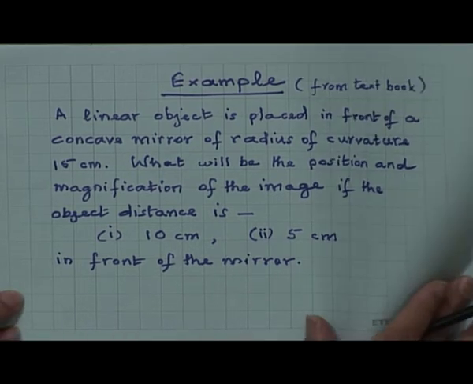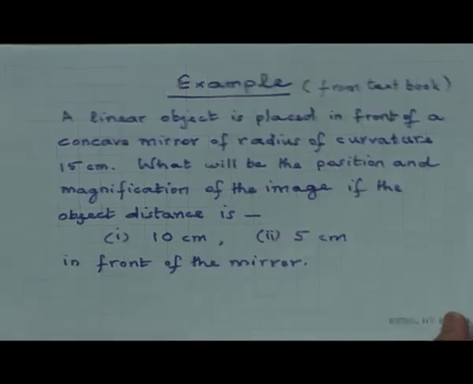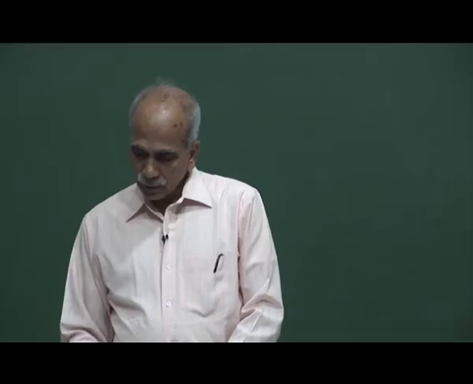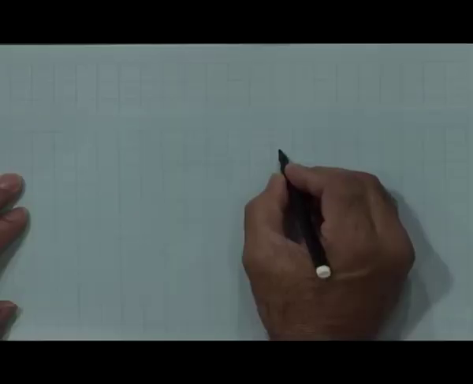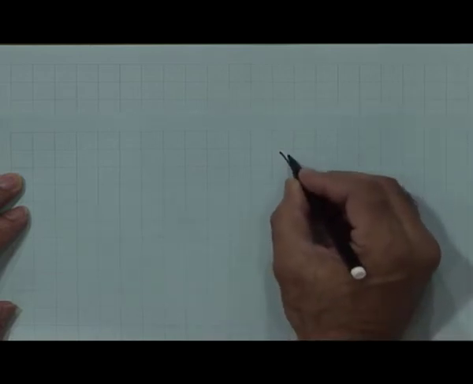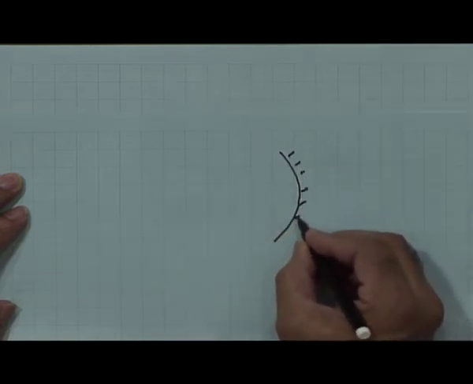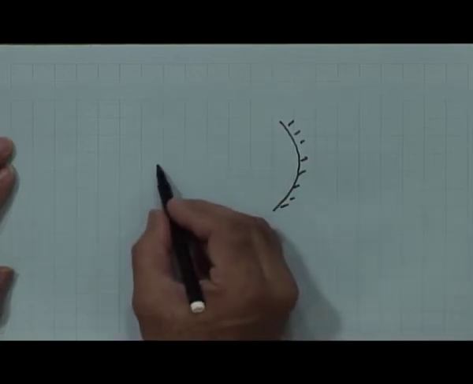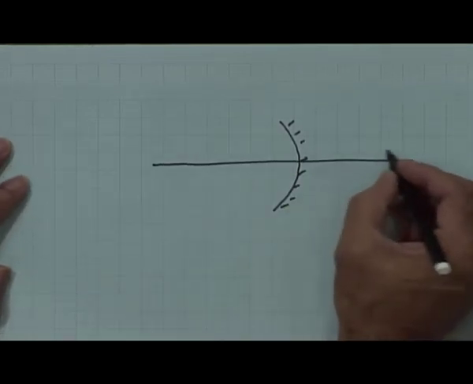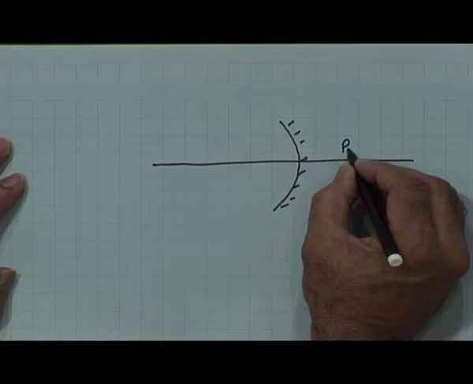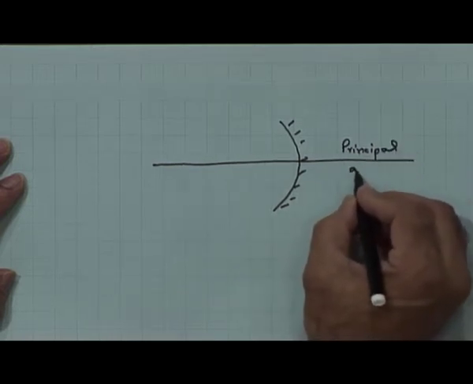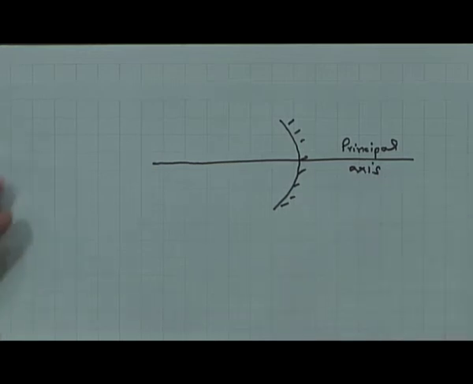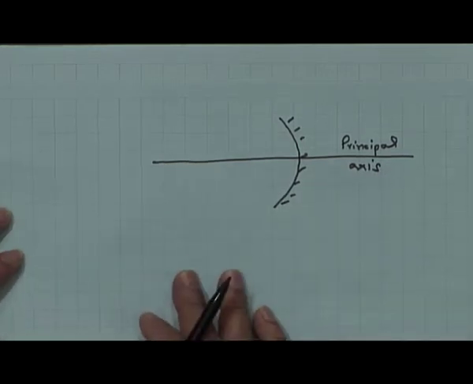So, the problem is here. Let me work this out for you. So, let us work it out. The problem says a linear object is placed, so here is a concave mirror. As soon as the problem is given a concave mirror, the principal axis, so this is the principal axis, the radius of curvature is 15 centimeters.